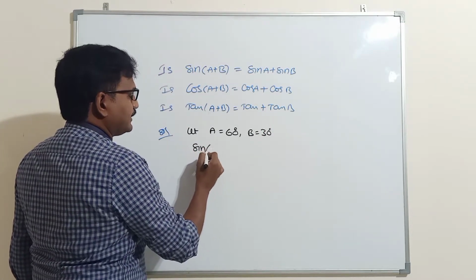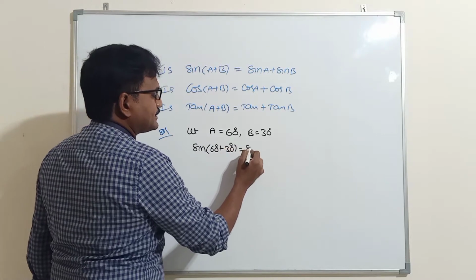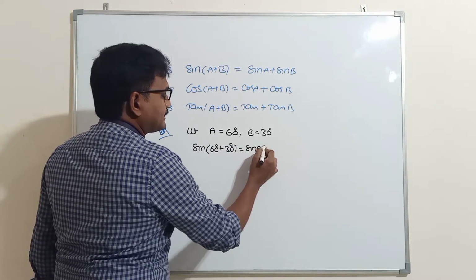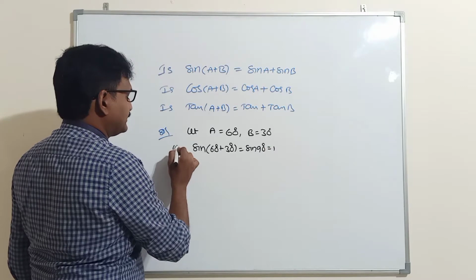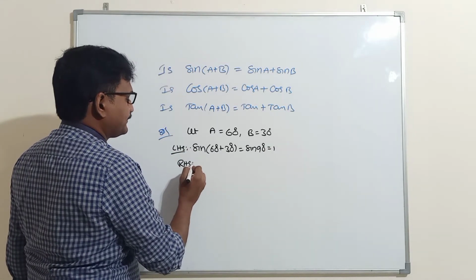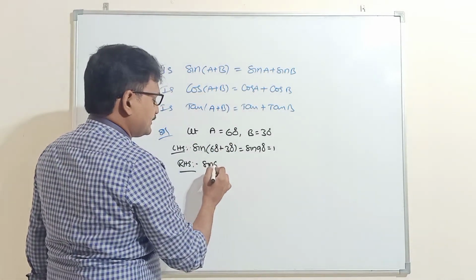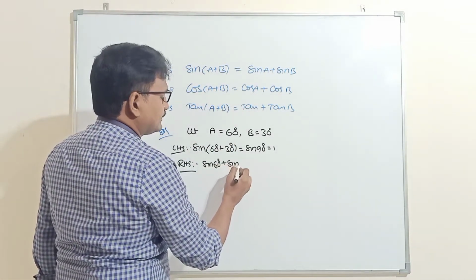Then sin of a plus b means sin of 60 plus 30, which is sin 90. Sin 90 value is 1. This is LHS. What about RHS? RHS is sin a plus sin b, sin 60 plus sin 30.